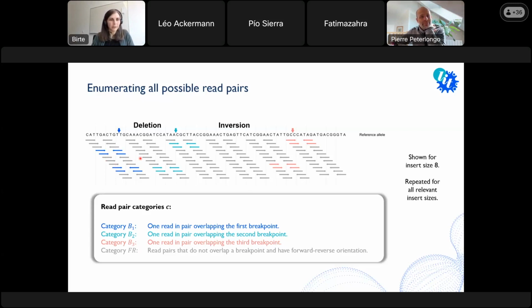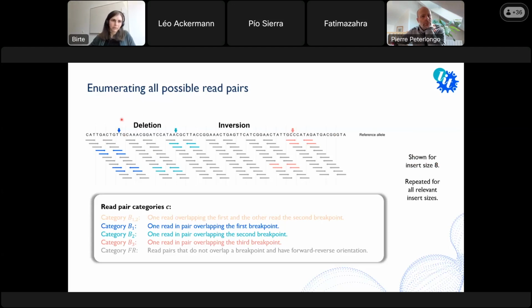And we decided for now not to include them because we actually also have another category, and this will only be visible when you look at larger insert sizes than 8, where one read in the pair overlaps the first breakpoint and another one the second breakpoint, or you could also have the second and third breakpoint and so on. And these would all be separate categories.